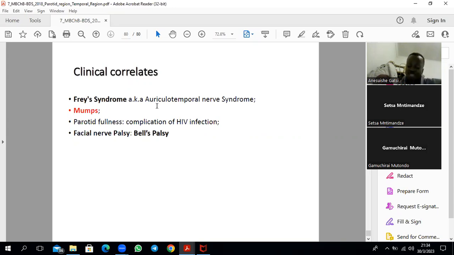What innervates the skin of the face? Trigeminal. So trigeminal, except the facial, the parotid region.